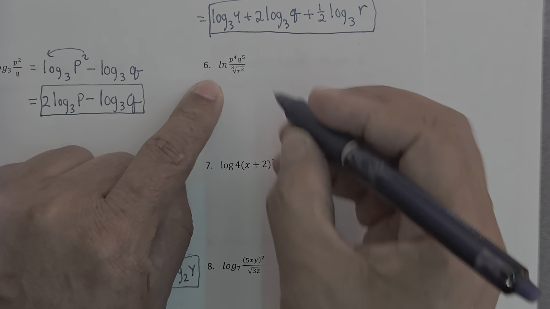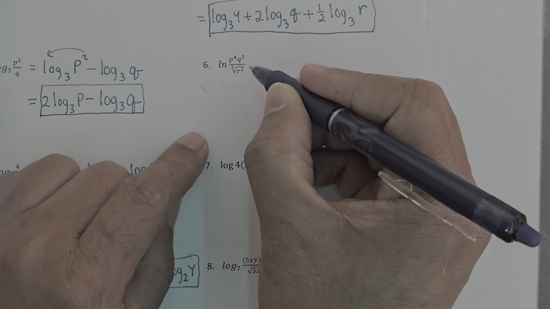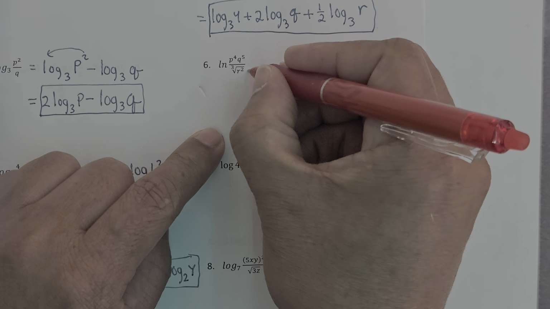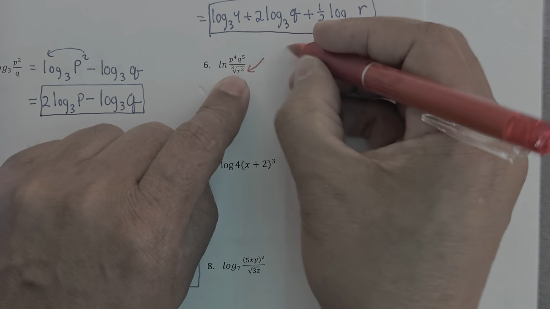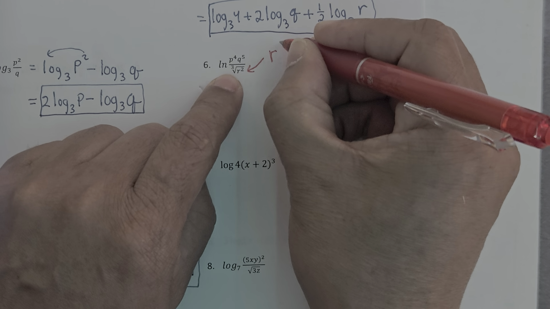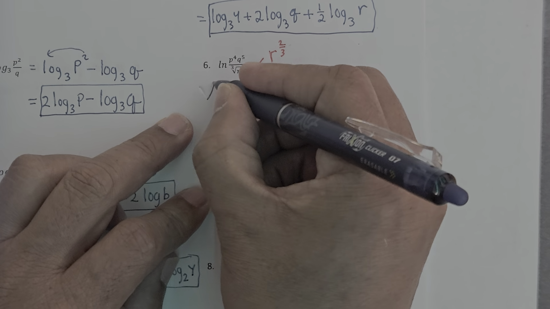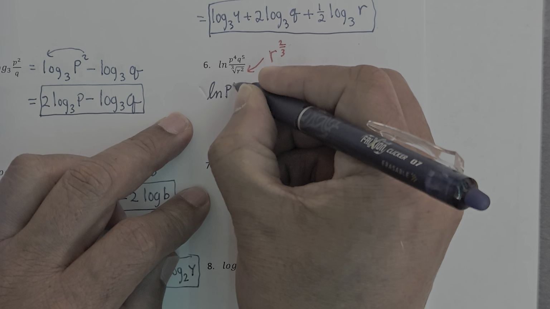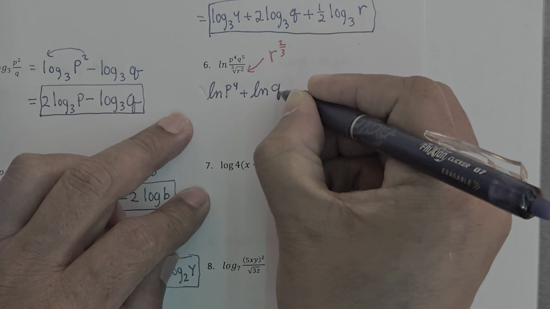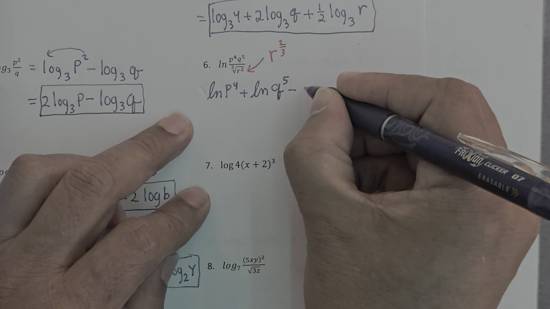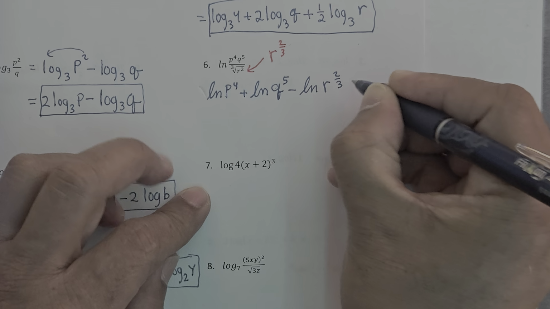For example number 6, notice we have the power, the product, and the quotient. Let me remind you real quick that for this part, you can write it as a rational power. This is the cube root of R, the index is 3, so R to the 2/3 is a power. Then this is going to be the natural log of P to the 4th plus the natural log of Q to the 5th power minus the natural log of R to the 2/3 power.